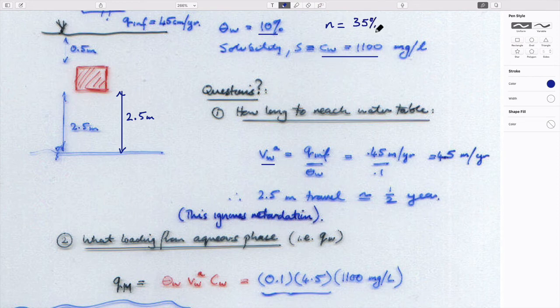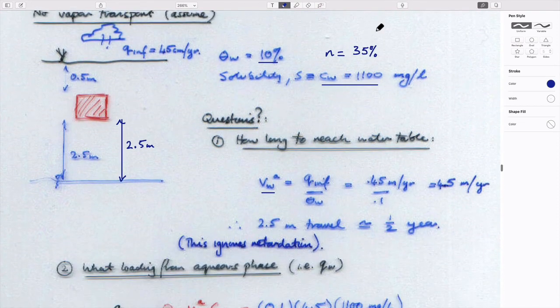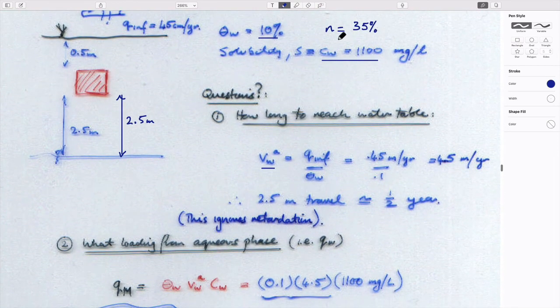Seems to be a number that we've used already today. I don't see it right now, but I think that's right. Then we can calculate from the infiltration rate. Infiltration rate is 45 centimeters, half a meter of rainfall a year. Not unusual for northeastern North America. The volumetric moisture content is 10%, and so it travels at 4.5 meters a year.